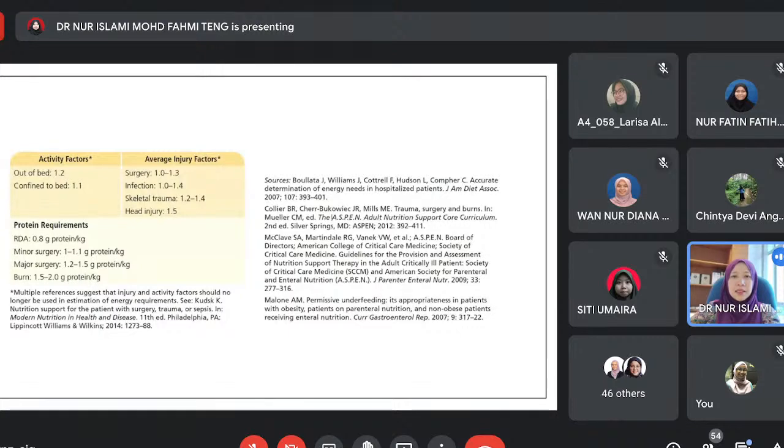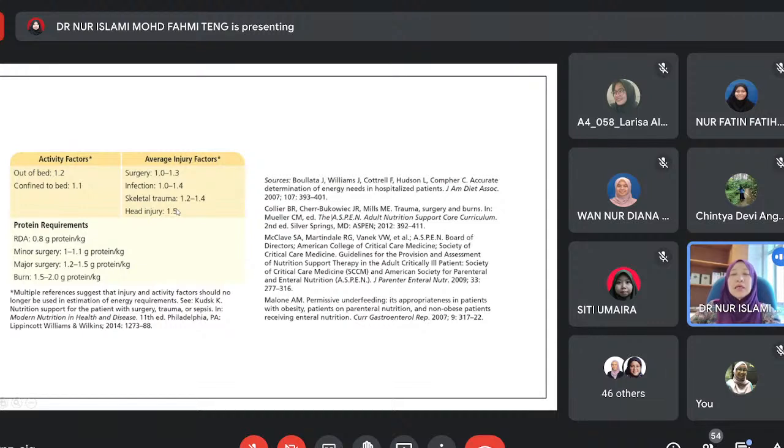So for the activity factor, you can calculate with the activity factor. For out of bed it is 1.2, and for those confined to bed the activity factor is 1.1. And these are the injury factors. Injury, infection, trauma and head injury have different injury factors. Basically, those involving head injury have a higher injury factor, so they may require higher energy compared to surgery patients not involving head injury.